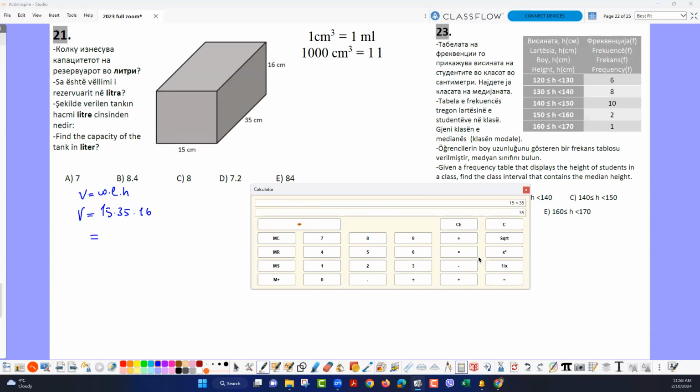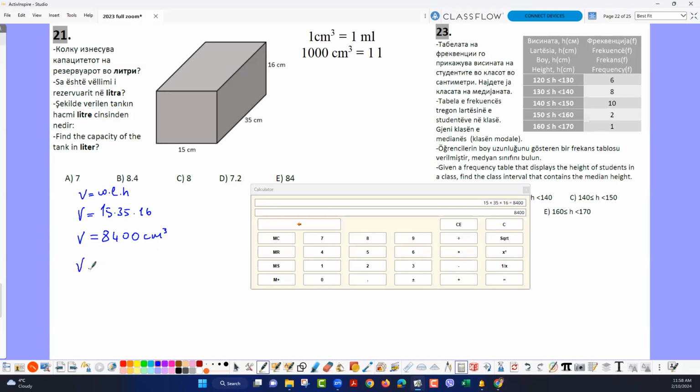Here I did this operation by using the calculator, but it is not allowed to use the calculator in the exam. You need to know that also. Volume, which means capacity, is 8,400 centimeter cube.